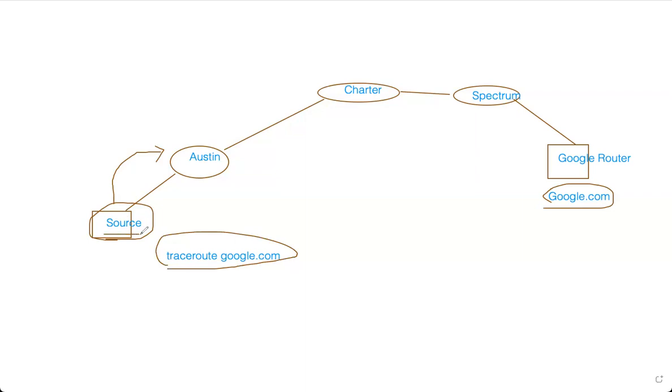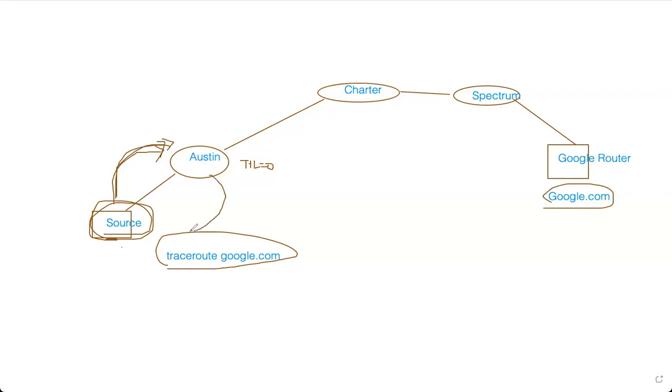So I will look into my routing table on my PC and okay, I can go via the Austin router. The packet came to the Austin router, but the TTL value died here because the TTL value becomes 0. Here the TTL value is 1, it became 0 because the first hop is completed. So it's 1 minus 1, 0.